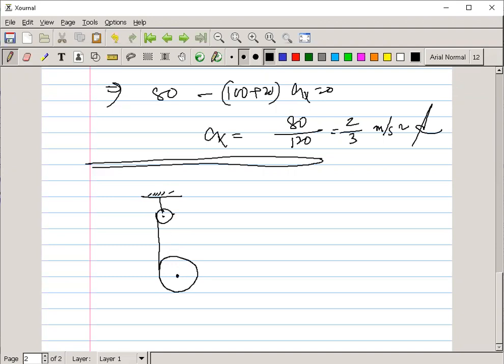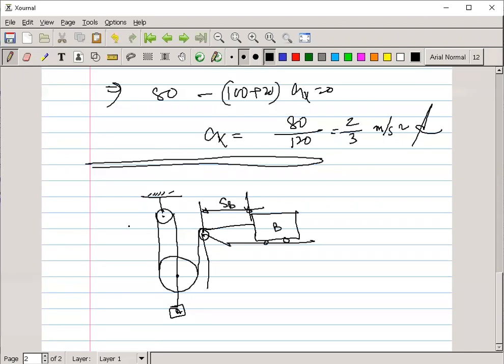With that, suppose there is a weight A, and this one is attached with a roller of B.